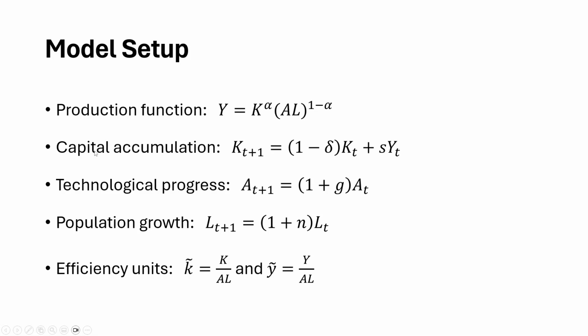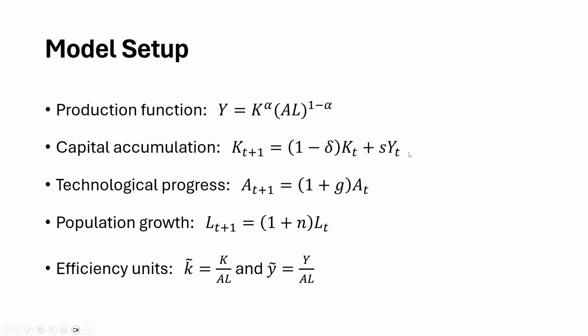We have a capital accumulation process in discrete time where capital tomorrow is a function of capital today times 1 minus delta, where delta is our depreciation rate, plus the savings rate times today's output as well.